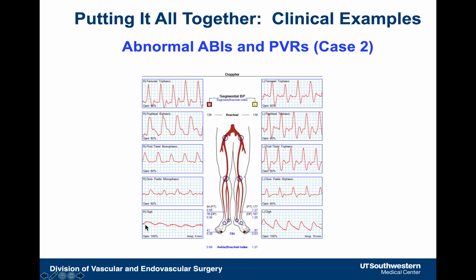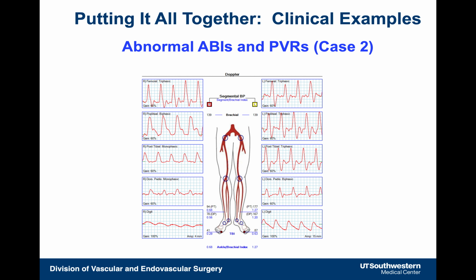And obviously a PPG waveform that's barely pulsatile at the digit with a toe pressure of 41. So this is consistent with, what do we see? Well, there's some superficial femoral artery disease, but clearly between the popliteal and the ankle, there's a lot of disease. So it's mostly tibial disease.